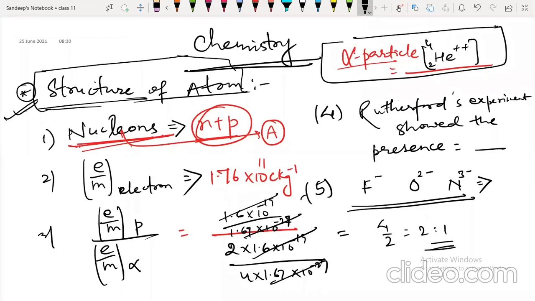Yes, they have 10 electrons. That means they are isoelectronic species. Isoelectronic species. Note down. Written? 1 minute.